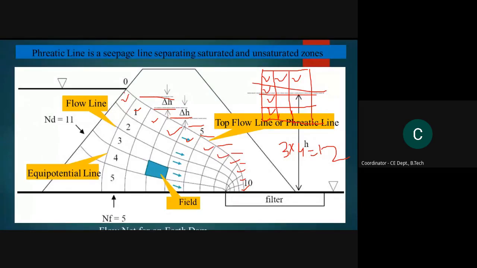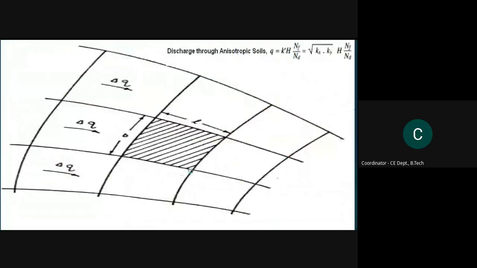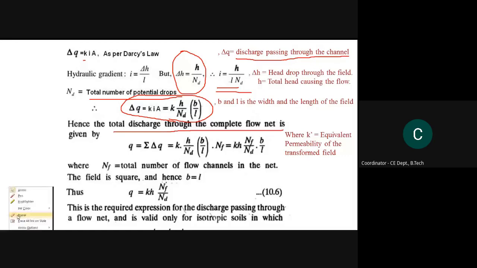Similarly, if you know the discharge in the top flow line, and you know the number of NF, which is 1, 2, 3, 4, 5, and you know this number, which is 1 to 11, so here there are 11 such discharges.